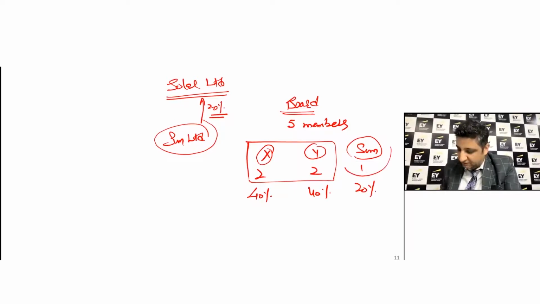The presence of only Sun Limited, or along with one of the other company's representatives, would not allow even the board meeting to take place. So essentially, from the quorum's perspective, Sun Limited's representation is not sufficient. So that's one part that you want to remember.